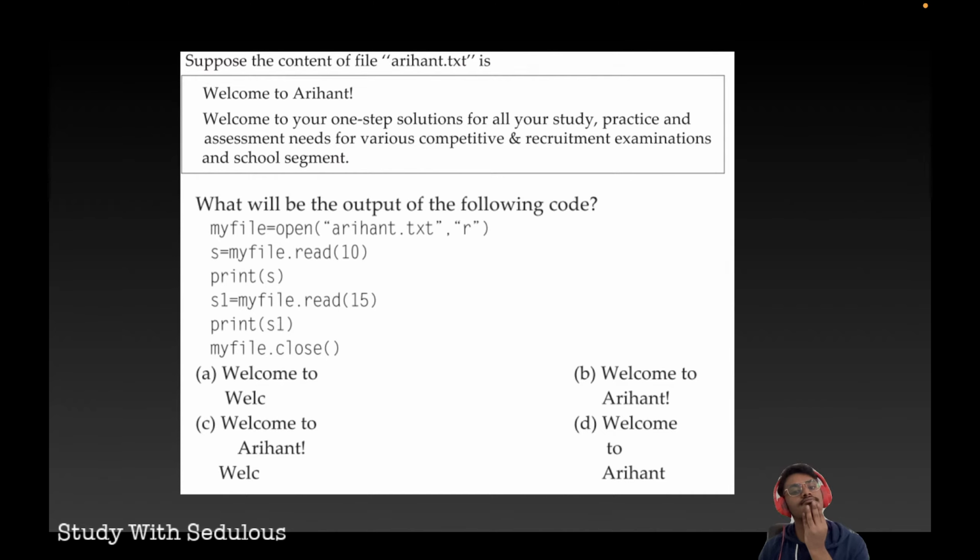Is there a mistake? Because I don't see any correct answer here. ARIHANT exclamation mark, WELC space. Space was there, space was here. Fine. I think it should be option C with an extra O. Because what is the mistake?